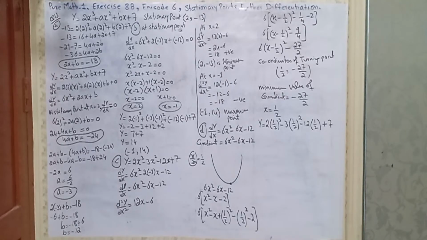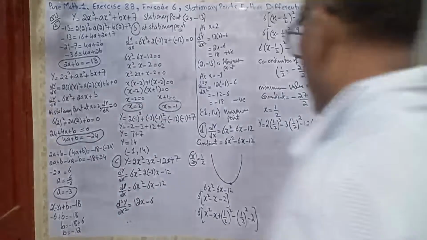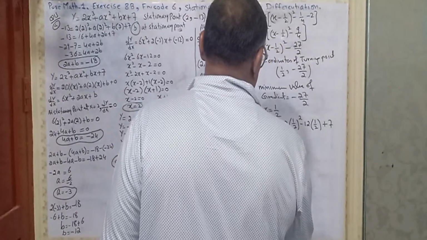So 2 multiply bracket 1 divided by 2 bracket close raised to power 3. Okay, then we have minus 3 multiply bracket start 1 divided by 2 bracket close square, and then you have minus 12 multiply bracket start 1 divided by 2 bracket close plus 7 equals to, the answer is 0.5. 0.5 means y is equals to 1 by 2.